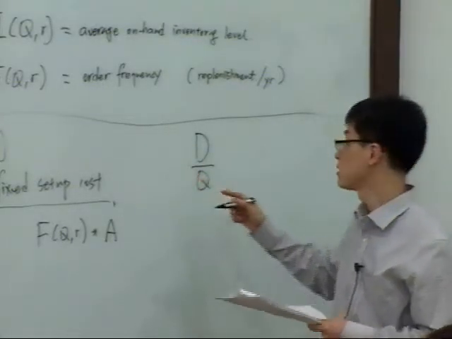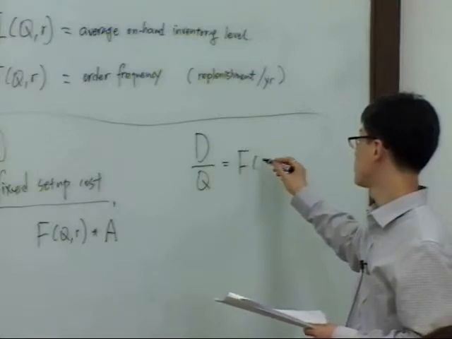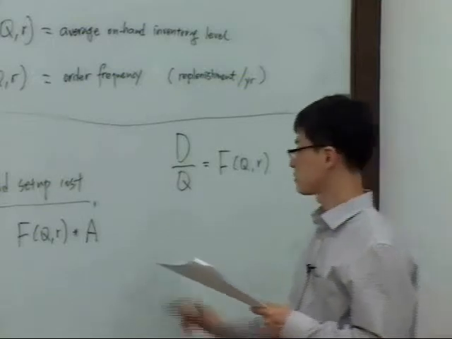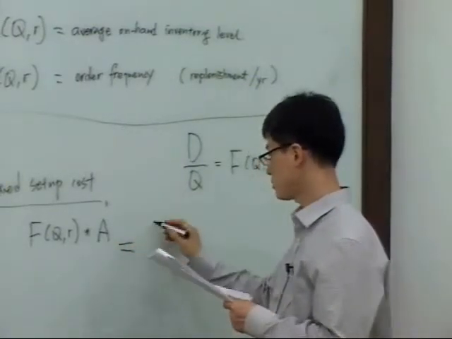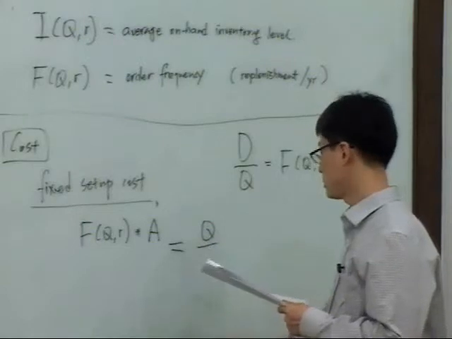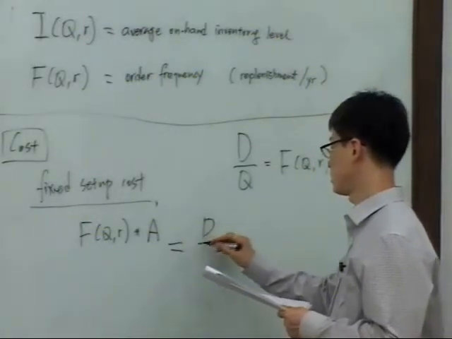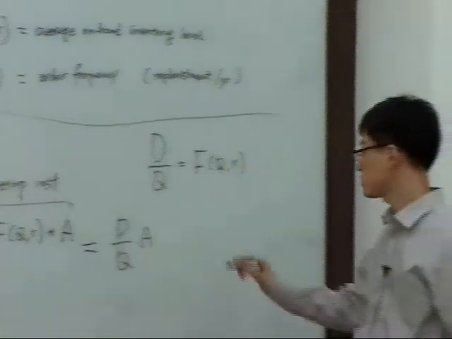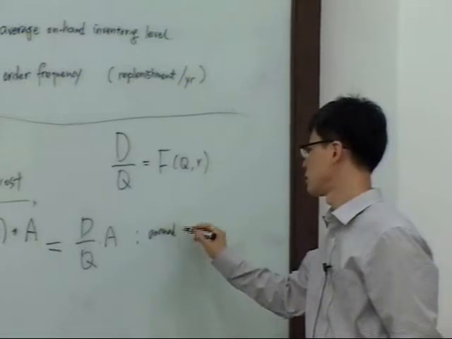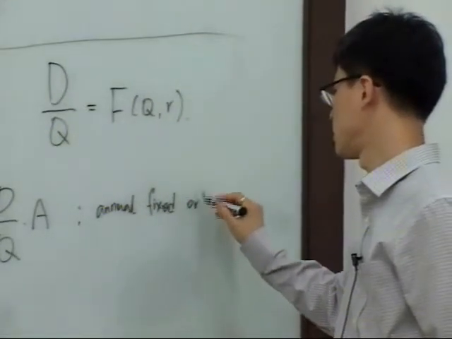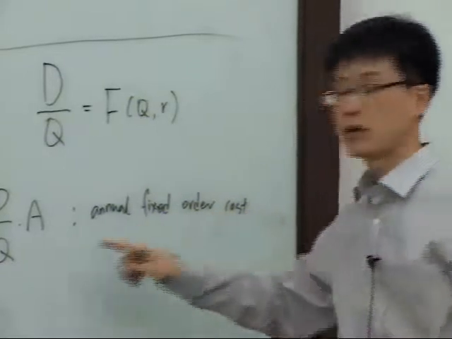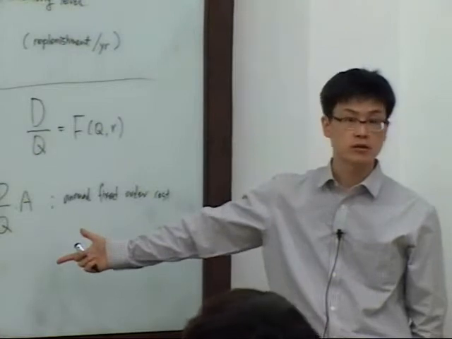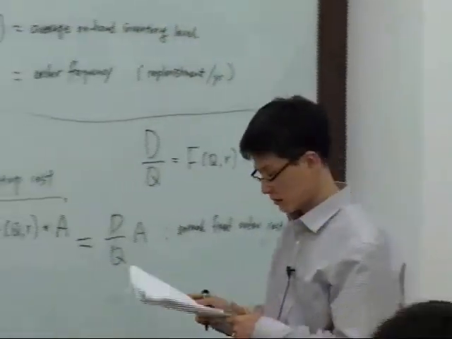Simple, right? So we can assume this is Q and I. So this becomes D over Q times A, which is the annual fixed order cost, exactly the same as in the EOQ model.